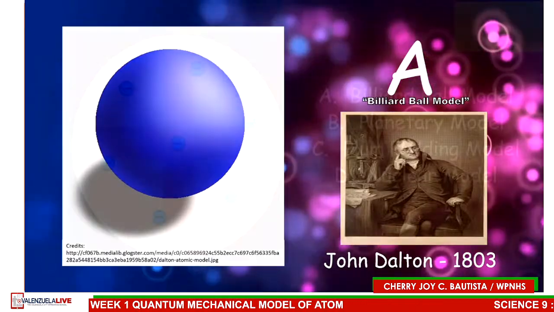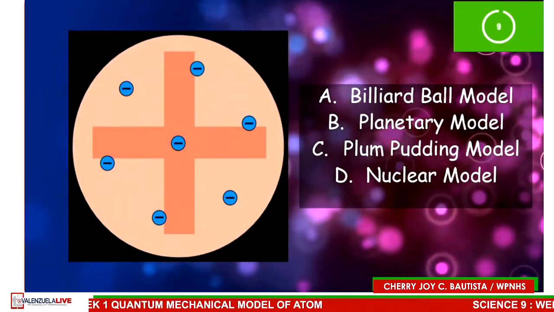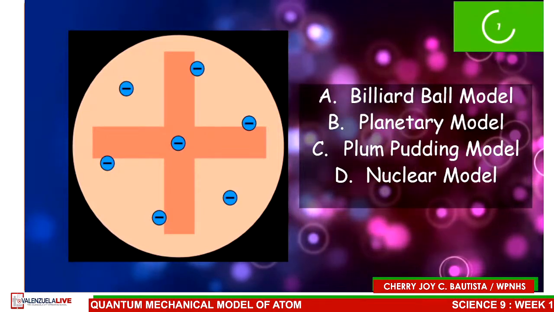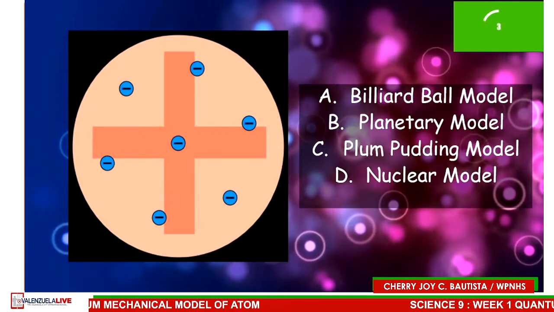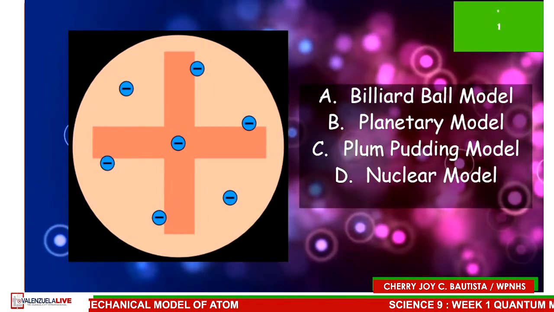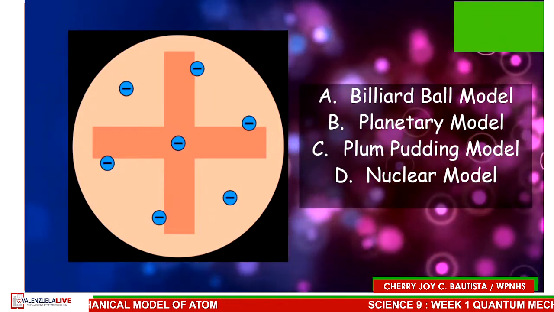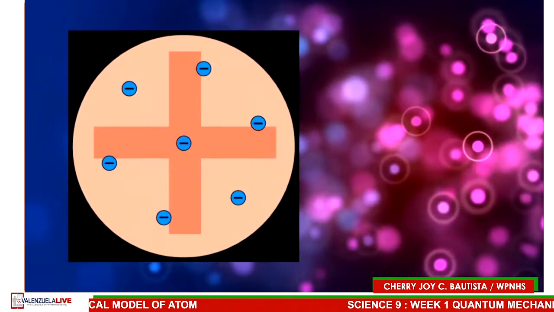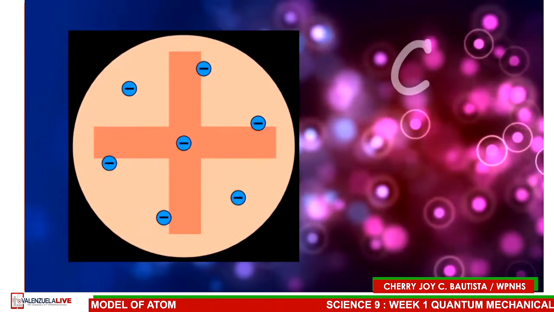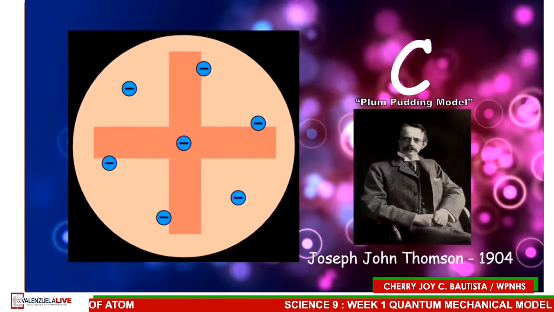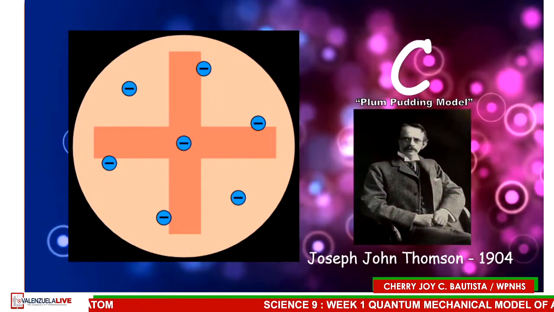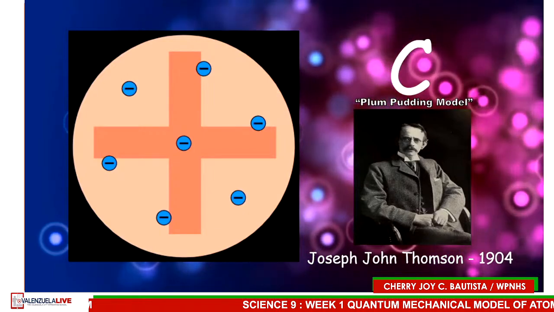Next. The correct answer is C. This model was proposed by Joseph John Thomson in the year 1904. Third picture.